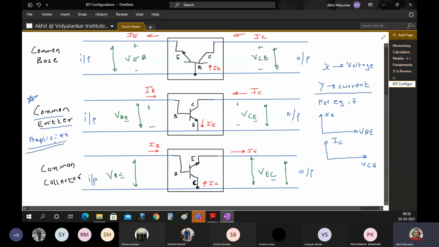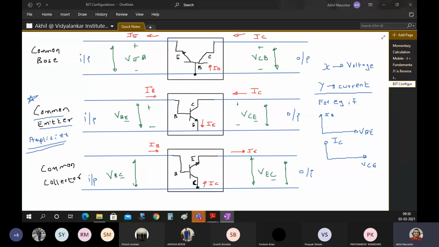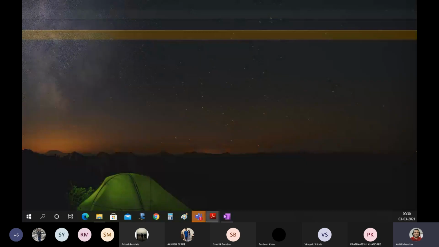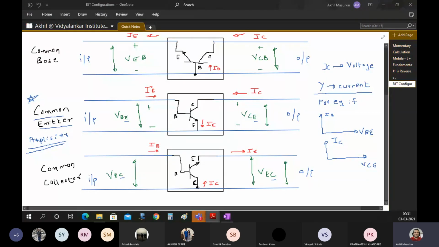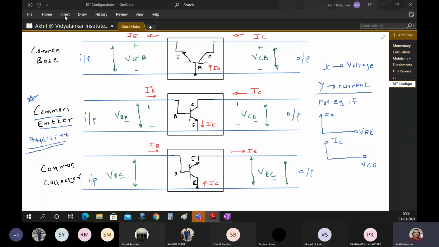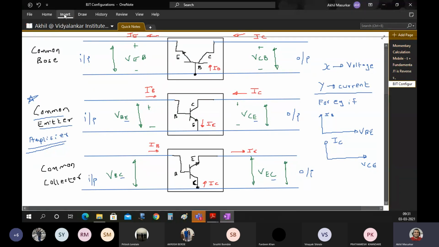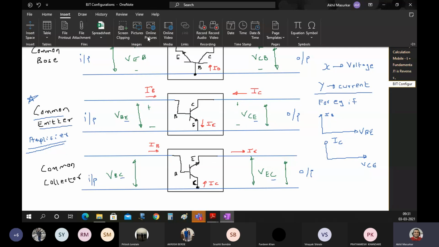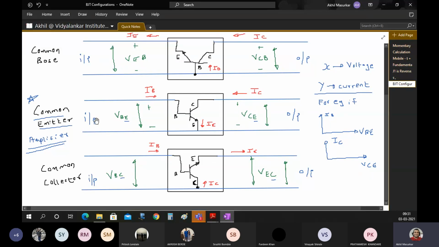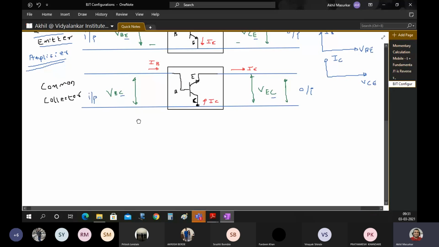Okay, so let me draw that. So we will see common emitter little bit in detail. So draw this diagram with me. Everybody should draw this diagram with me.